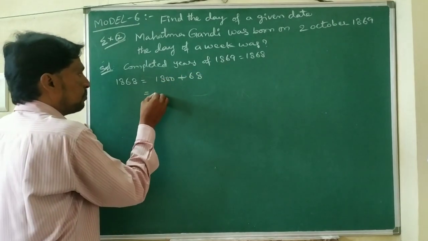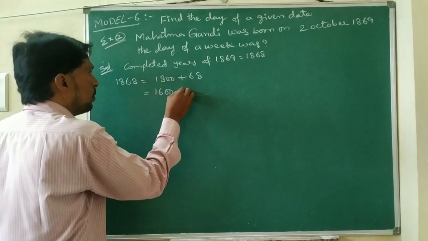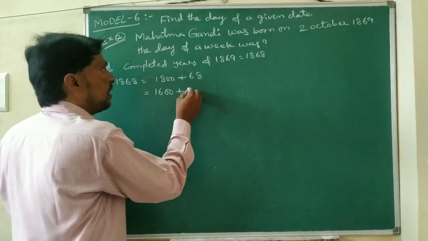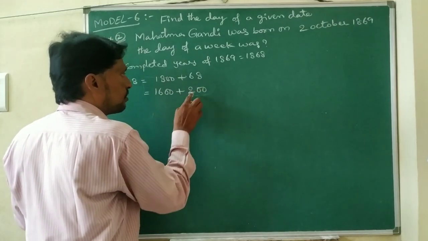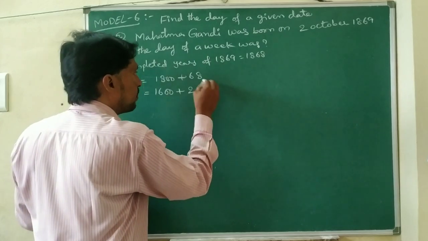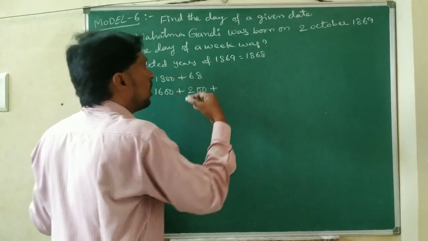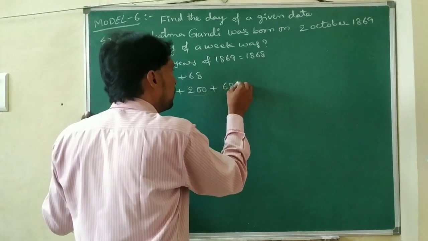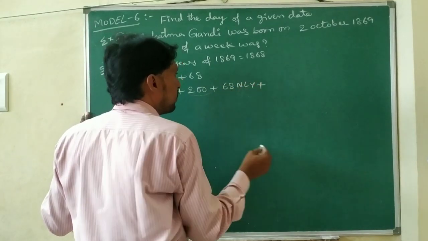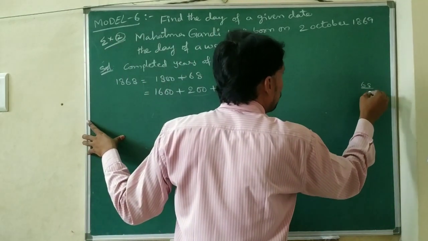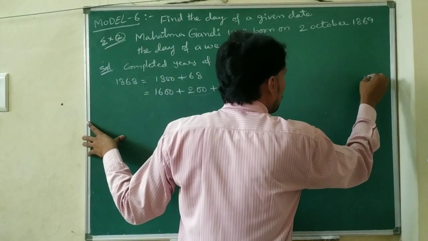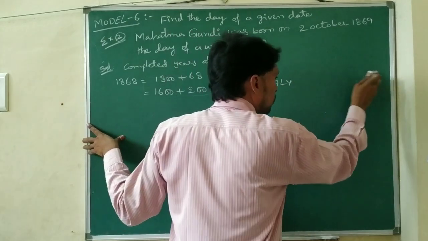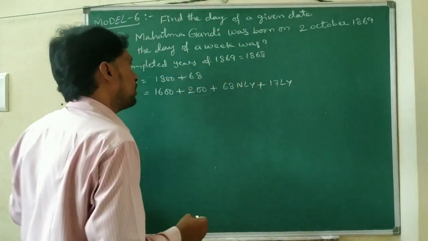So 1800 I am taking as 1600, which is a multiple of fourth centuries, plus 200 years of the centuries, plus here the 68 years we need to take. How many leap years and non-leap years do we need to find? So 68 non-leap years plus 68 by 4, 4 sevens are 28, so 17 leap years we are getting.